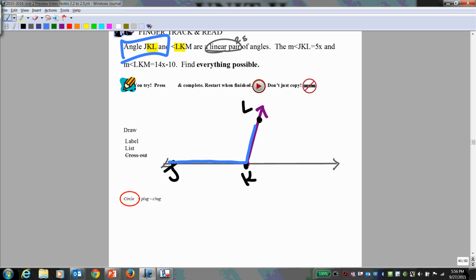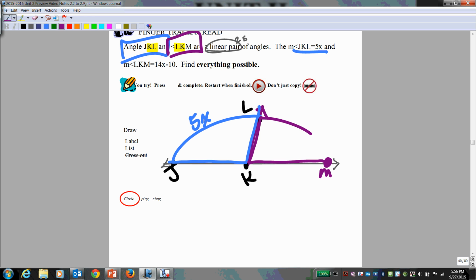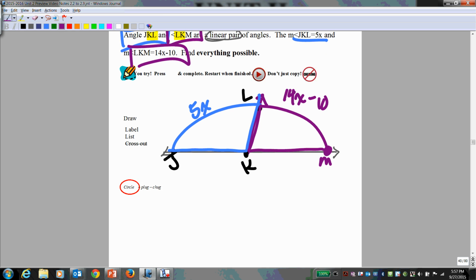J, K, L, which is 5x. And then LKM, LK, and then this would have to be M here. And that's going to be 14x minus 10. Find everything possible.